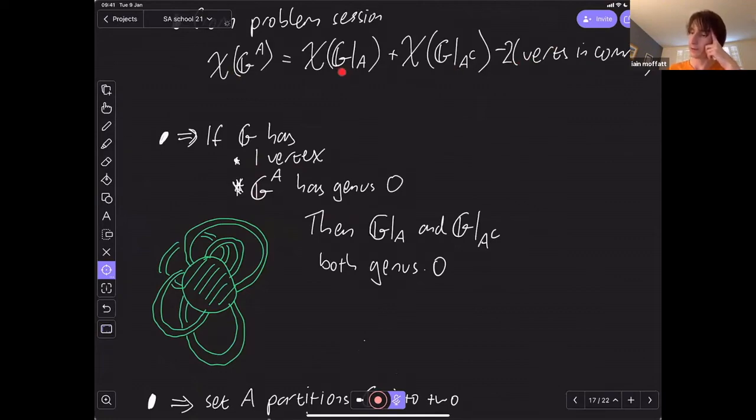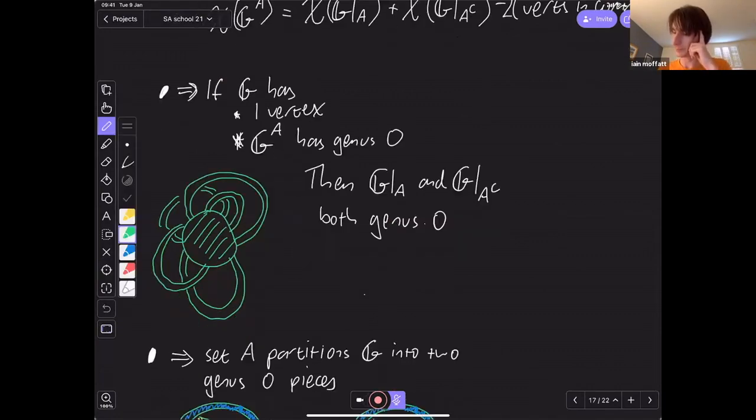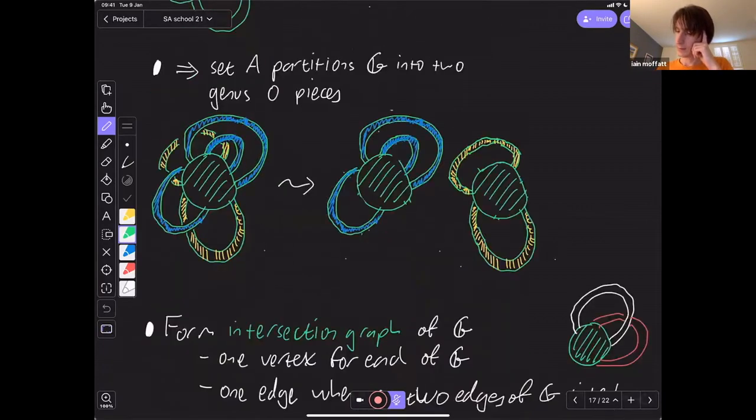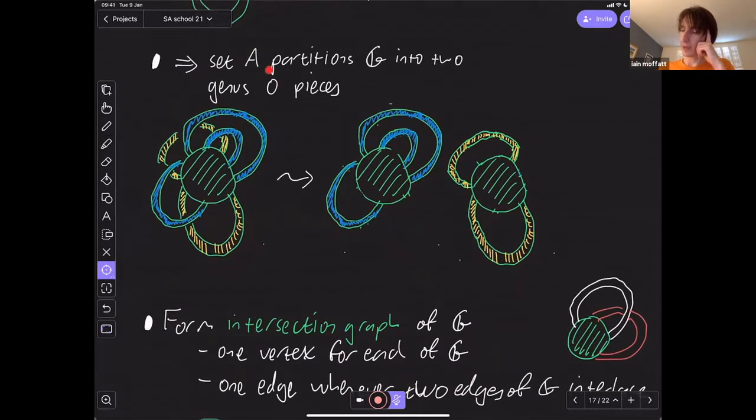So I also know, through Euler's formula, that my two ribbon graphs, given by restricting the edge set to the ones I dual and the ones I'm not dualing, must also have genus 0, so they must also be plane. So this gives me a partition of my ribbon graph into two types of edges, into two parts that are both plane. The blue edges are the ones I'm dualing, the yellow ones are the ones I'm not.